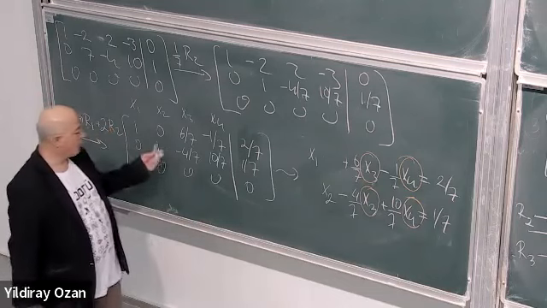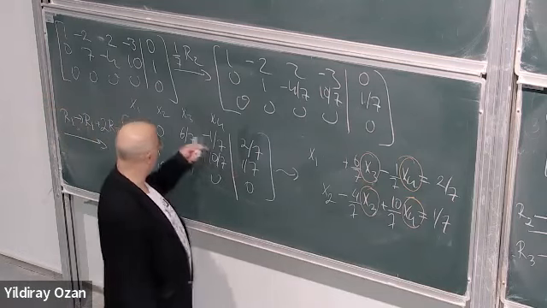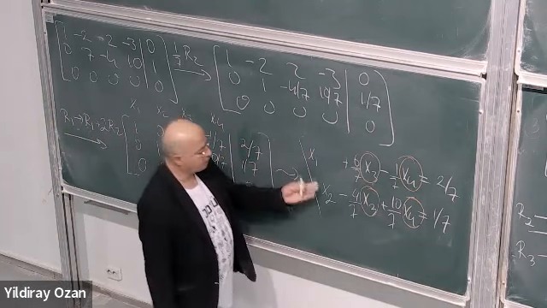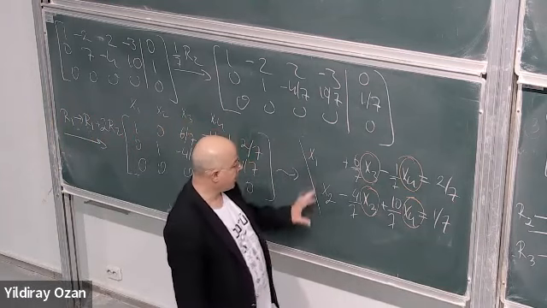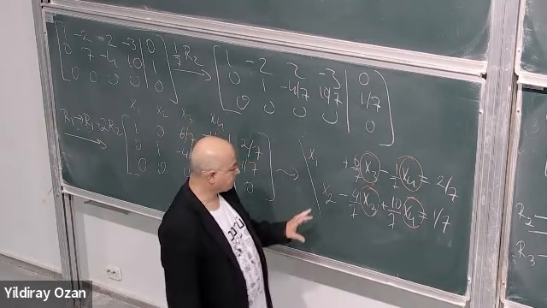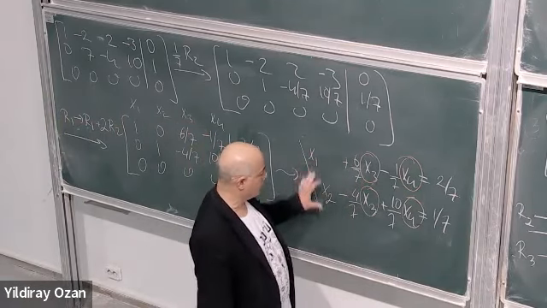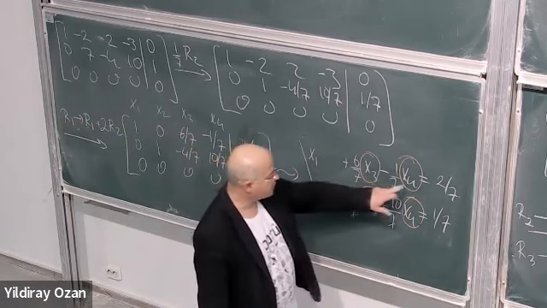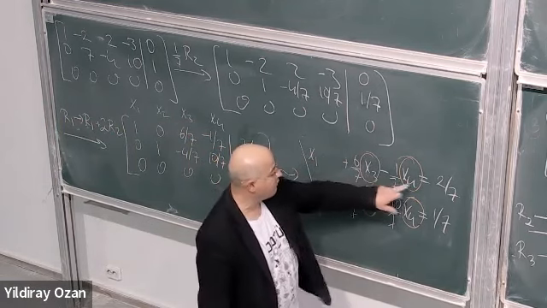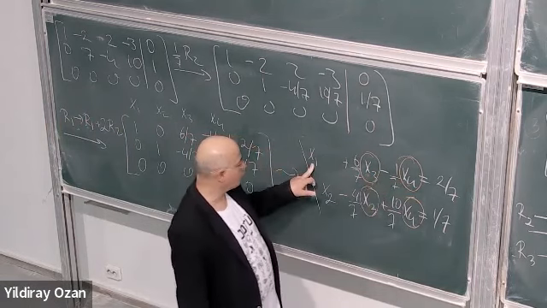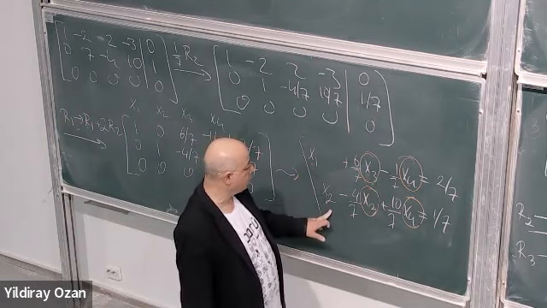Okay, now if you write down the equations from this for this system, this is what we get, and we have 4 unknowns and 2 equations, and we realize that because of the special shape of this matrix, we can find solutions to the system by just assigning arbitrary values to x3 and x4, because if you do that, you can always solve it for x1 and solve it for x2.